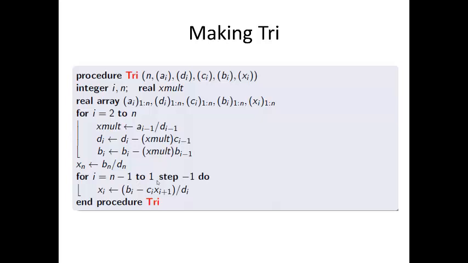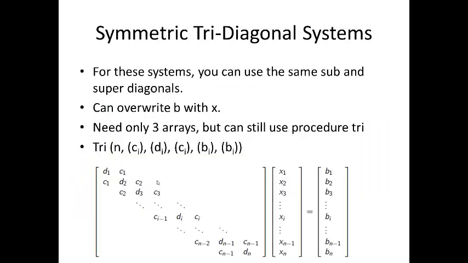Okay, an even more special case is the symmetric tri-diagonal systems. And here we can see that the sub and super diagonals are going to be the same. So c sub i for the subdiagonal, c sub i for the super diagonal. For these systems, you can use the same sub and super diagonals, obviously, and you can overwrite b with x.